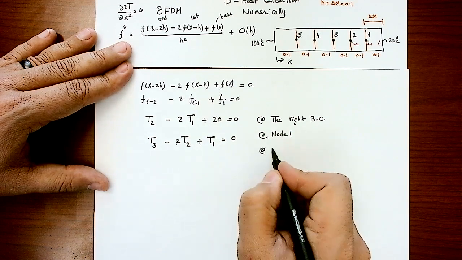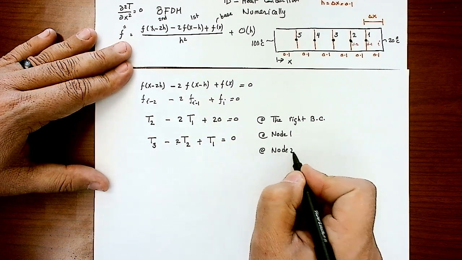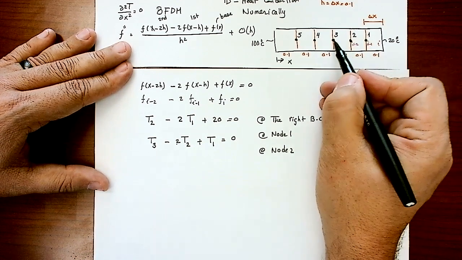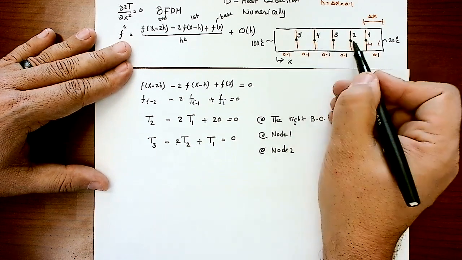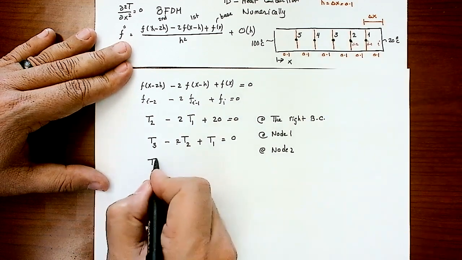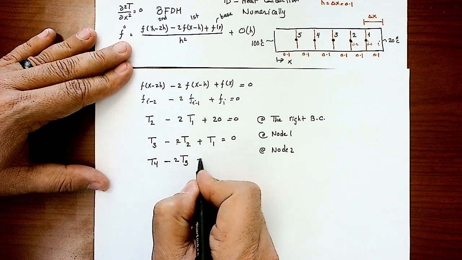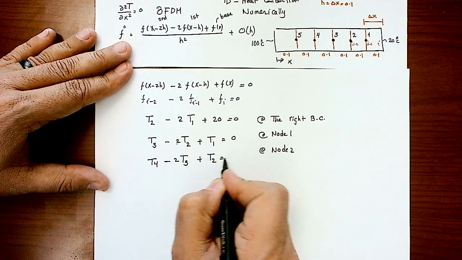What about node number 2? This is my base point now, this is i minus 1, this is i minus 2. So I will have the temperature at node 4, minus 2 times the temperature at node 3, plus the base point T2, equal to 0.